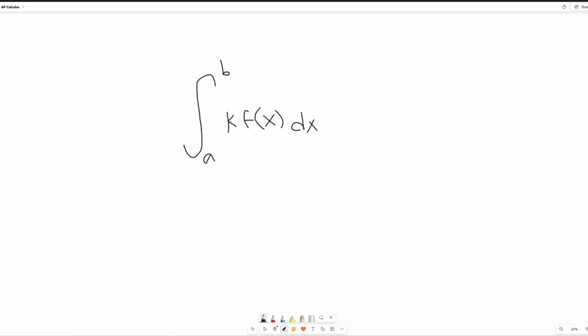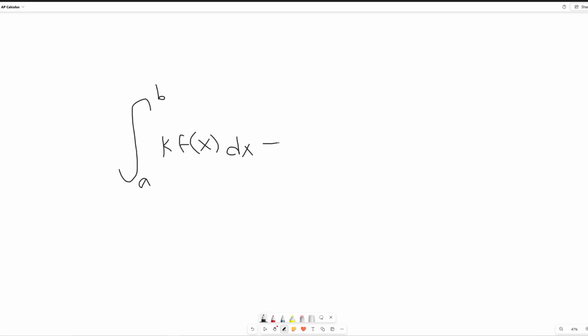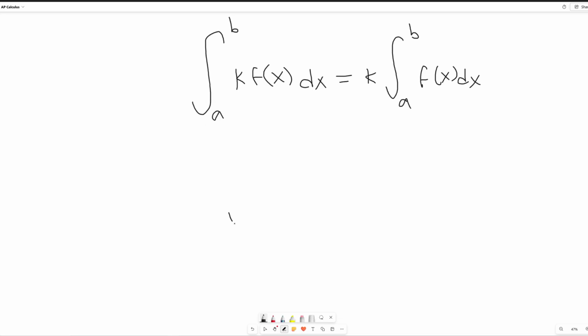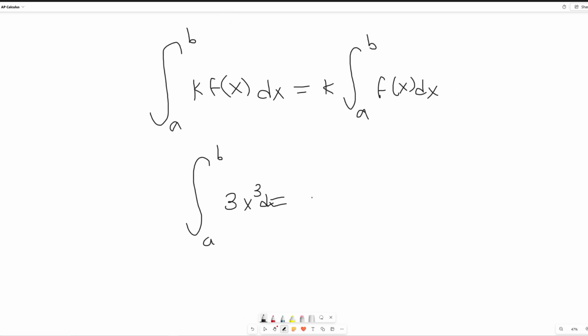So this k can actually be moved out. So these are the same thing. For instance, if I have the integral from a to b of 3x cubed, this is the same thing as 3 times the integral from a to b of x cubed.